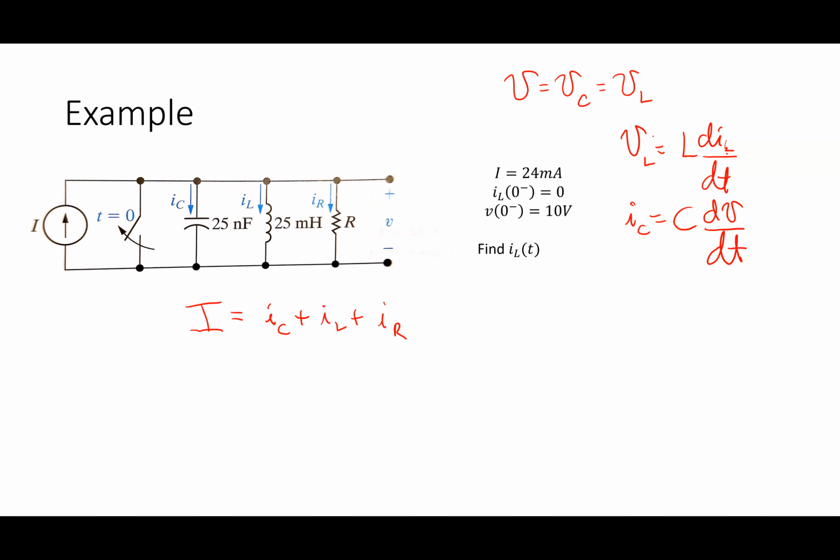That's helpful already. So the capacitor current is C dV/dt.